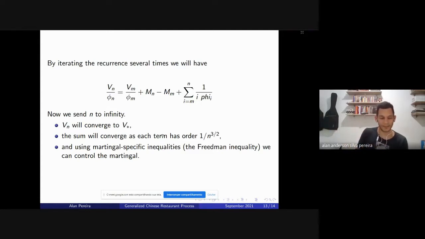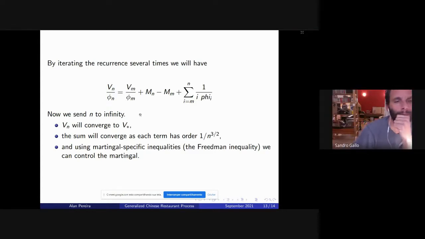But the point is that we prove the usual concentration only for fixed m, because we prove that Vn goes to V star. So essentially we are giving concentration for Vm only, and by adjusting the variables we can join the other values of m. We can vary the value of m. Understood. Okay, thank you very much.